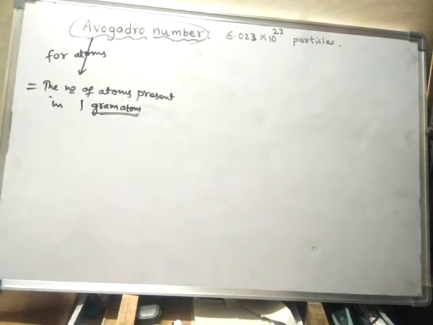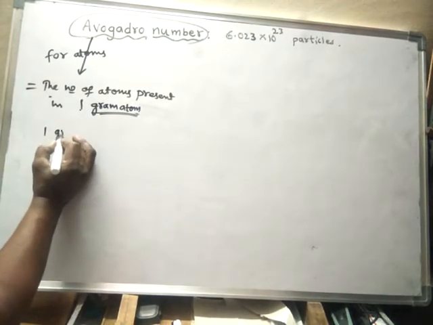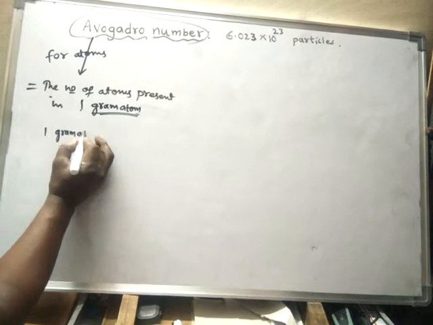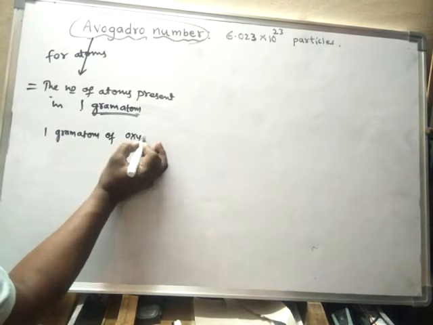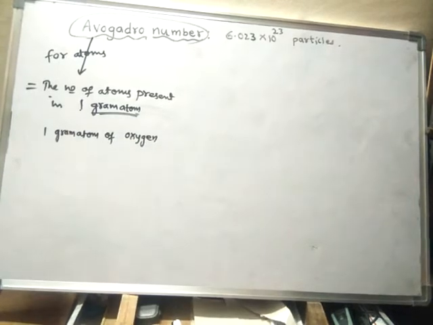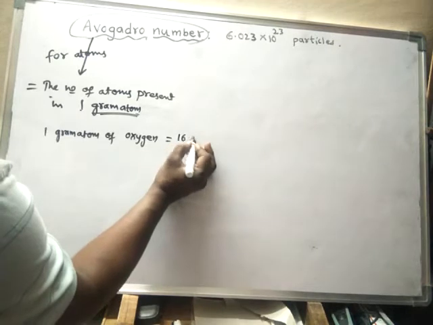For example, 1 gram atom of oxygen. We have already seen that 1 gram atom of oxygen is equal to 16 grams.